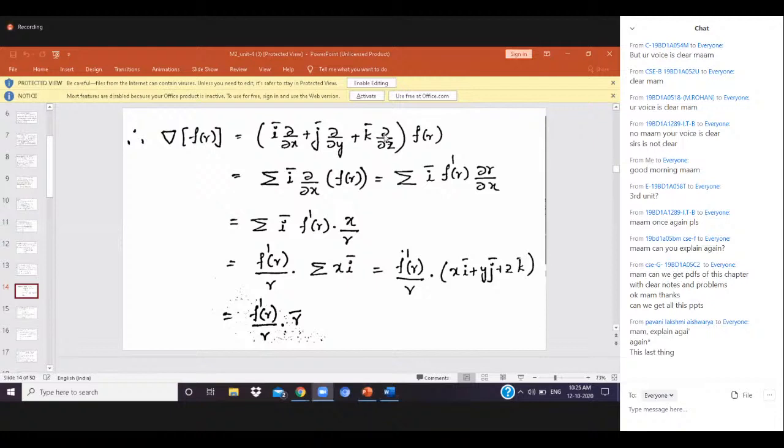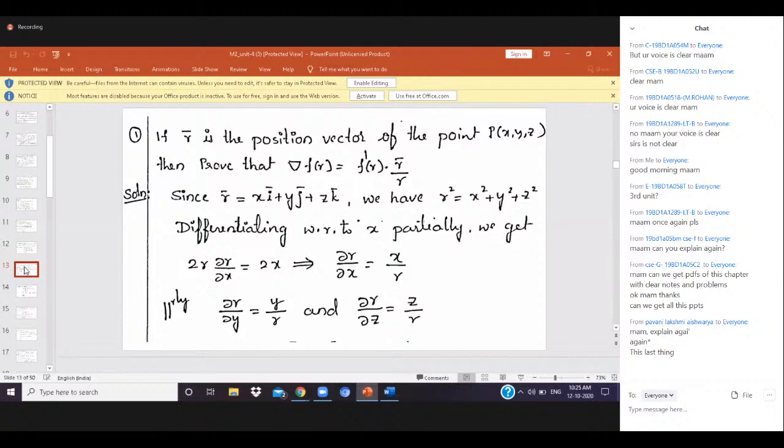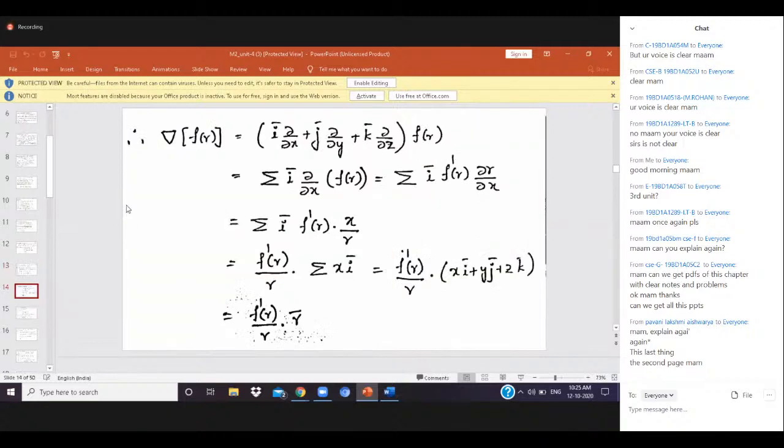This is the question here we need to calculate. r bar is the position vector of a point P of x comma y comma z. We have to prove del f of r. So r bar we are writing, partial differentiations we are calculating and keeping aside. Then what we need to calculate is del f of r.